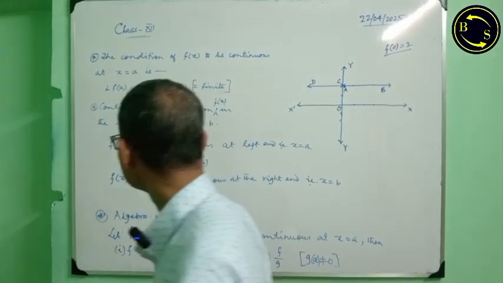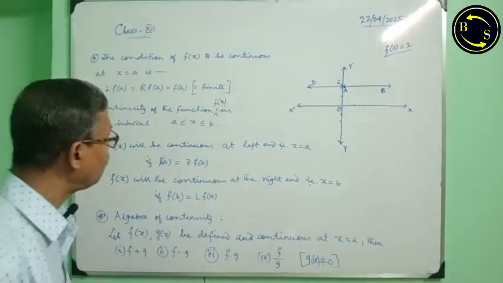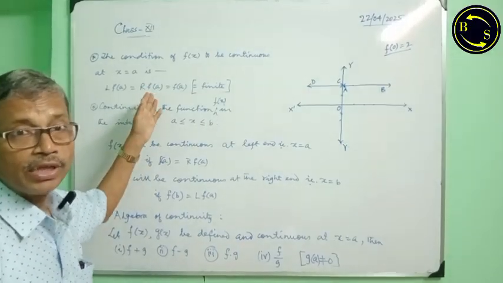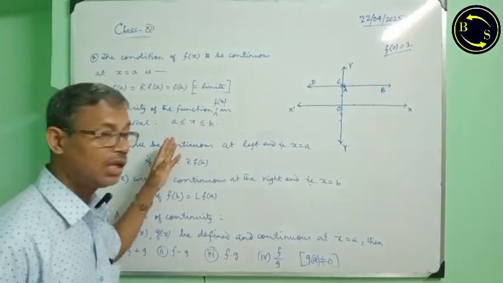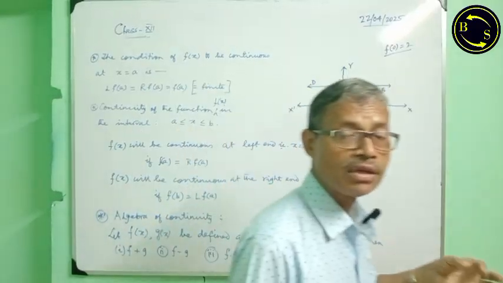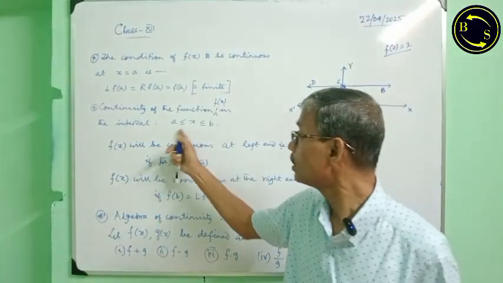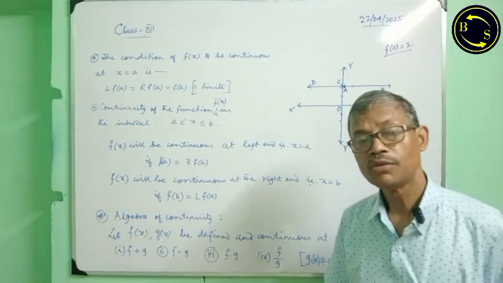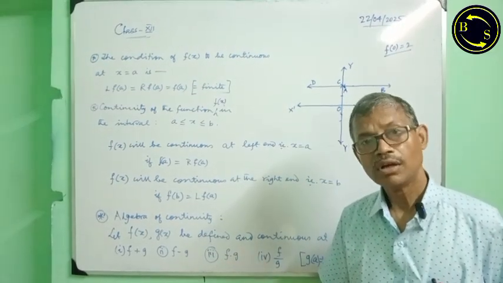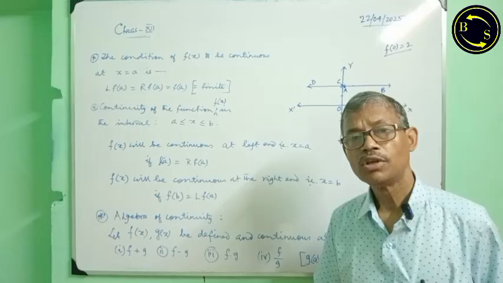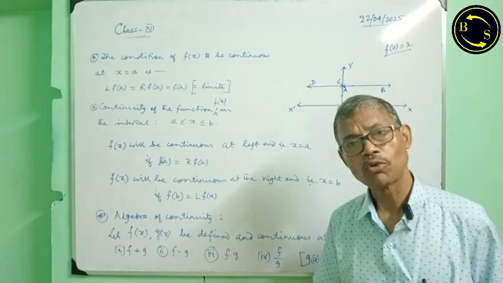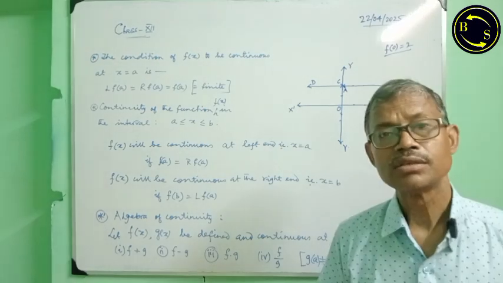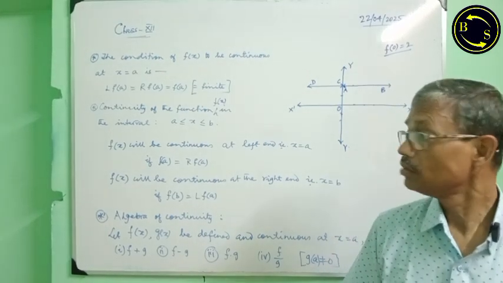Thus, I have discussed the continuity of a given function at a point, then on a given closed interval, then algebra of continuity of two functions. This will also apply for more functions, two or more functions. Then we shall discuss a few examples on continuity.